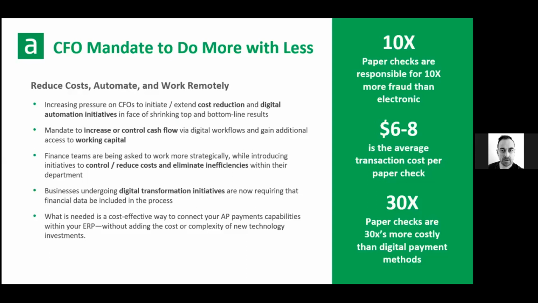We also find on that cost per check that increasingly the cost of the materials continues to go up. Things like fees for positive pay, fees for high security paper checks that can't be as easily washed, those materials end up being in the range of a couple bucks per payment as well.